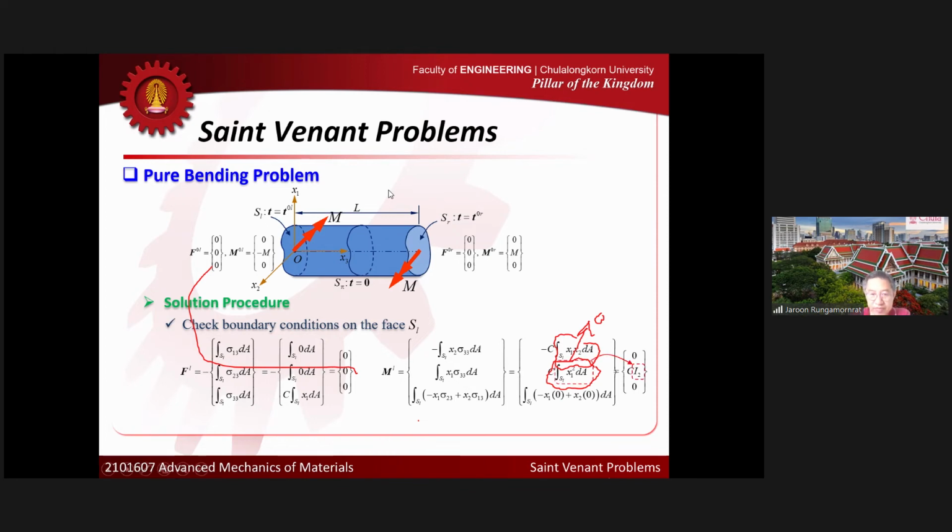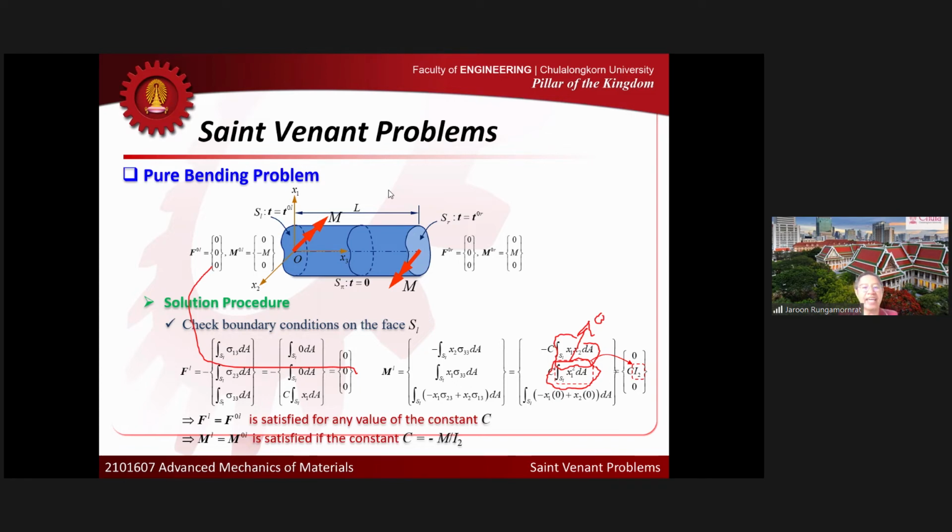Okay. The net force conditions are satisfied automatically. It doesn't matter what the value of C is. But for the net moment conditions, that condition can be satisfied if and only if C is negative M over I2.